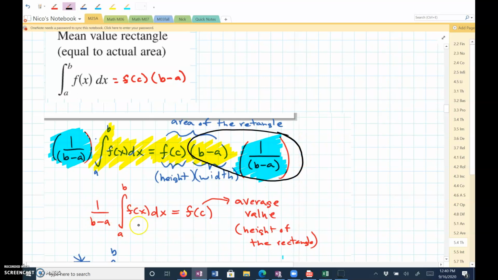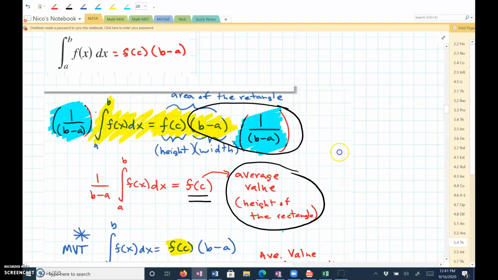And then I would be left with this, where this would be f of c. This f of c is known as the average value. This is the height of the rectangle. So we can manipulate this equation if I want to just know the height of the rectangle for the mean value theorem.